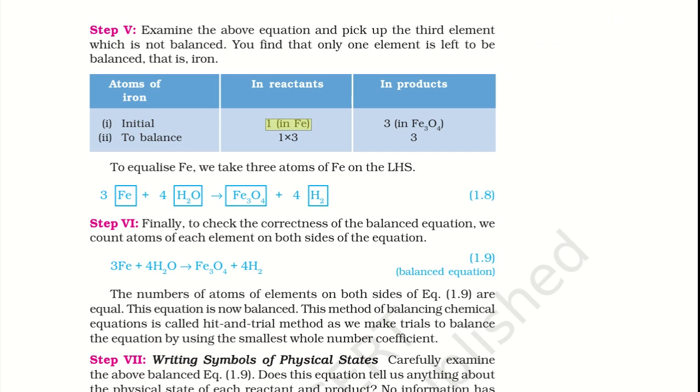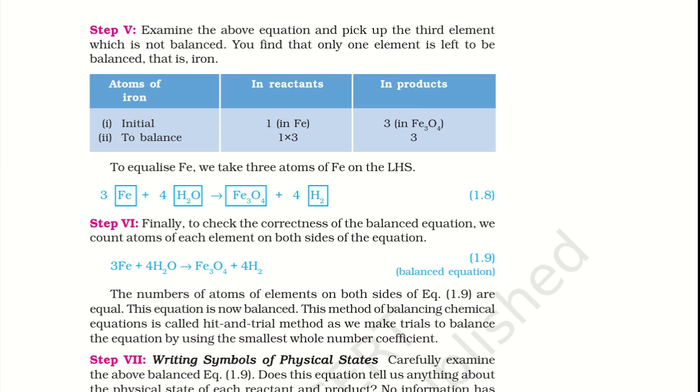So it was Fe3 in the product, and 1 in the reactant. Let's multiply by 3 in the reactant. So now the equation would look something like this. 3Fe, that is 3 atoms of iron, will give you 3 atoms of iron in the product. 4 2s are 8 atoms of hydrogen in the reactant. 4 2s are 8 atoms of hydrogen in the product. 4 1s are 4 oxygen in the reactant and 4 oxygen in the product.